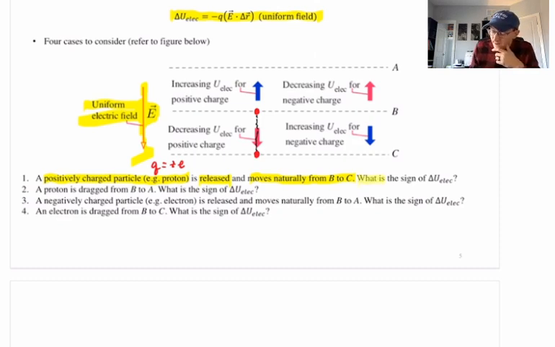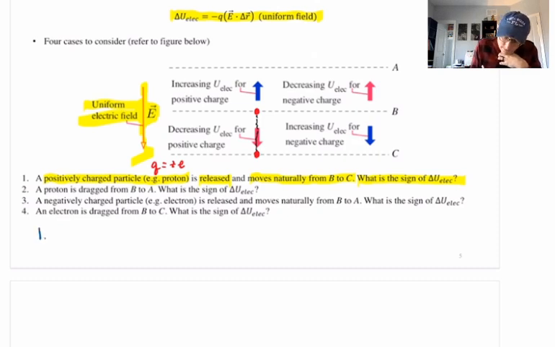What's the sign of the change in the electric potential energy for this trip? What is the sign of delta U electric? Positive? Does the electric potential energy go up? Increase? Or is delta U electric a negative value, meaning the electric potential energy goes down? Well, let's think about it.